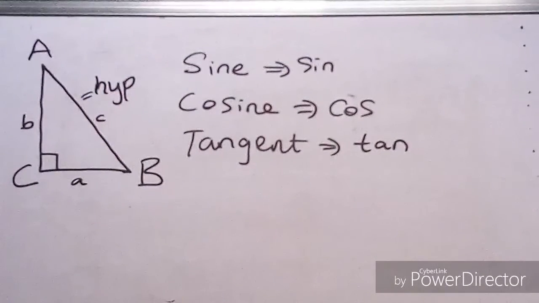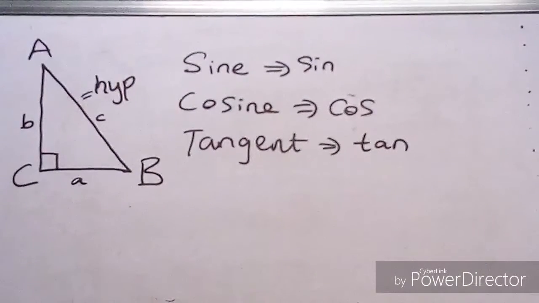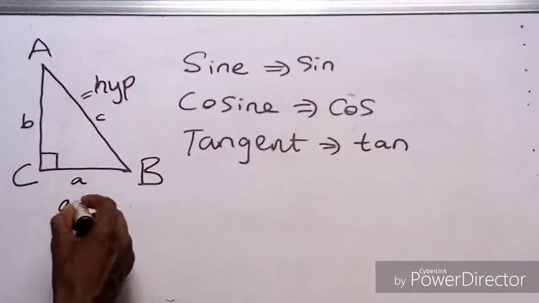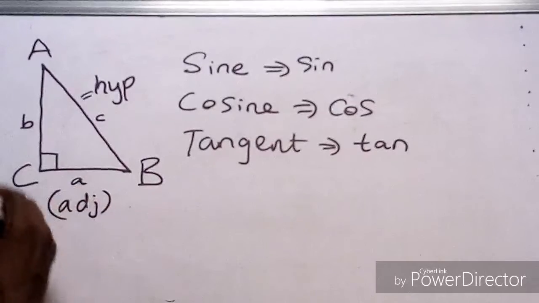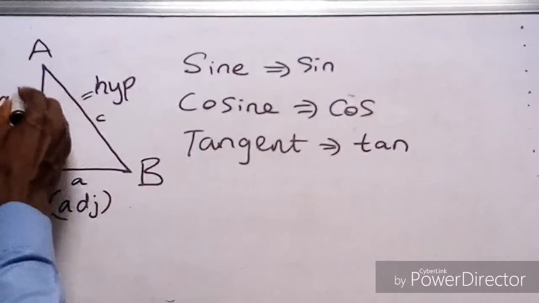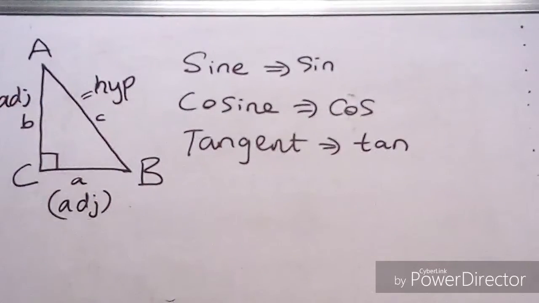Then the other 2 sides are known as the adjacent sides. So I will use ADJ. Now, these adjacent sides could also mean opposite depending on the angle you are looking at.